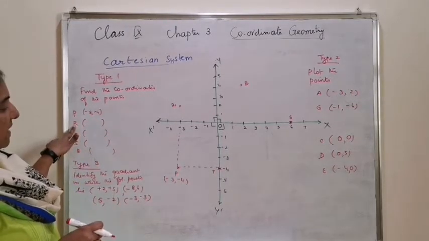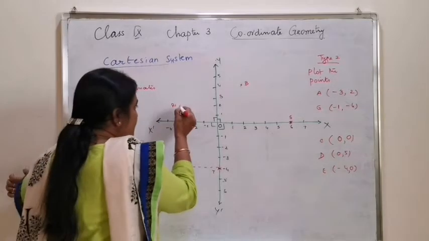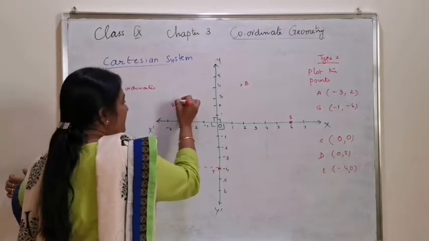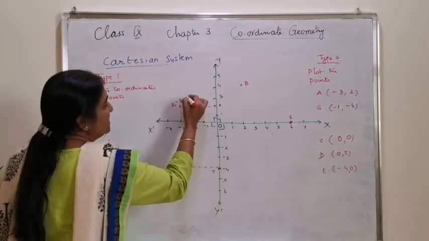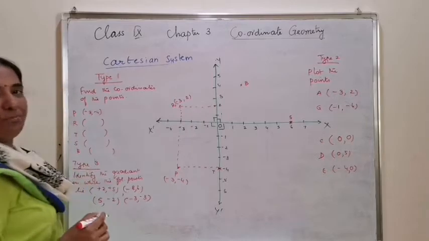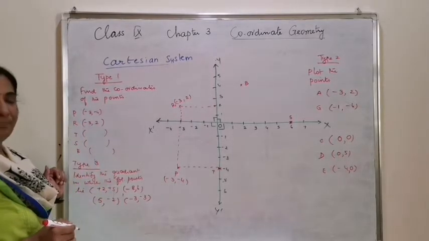The point R, the x value is -3 and the y value is 2. So the point R is (-3, 2).